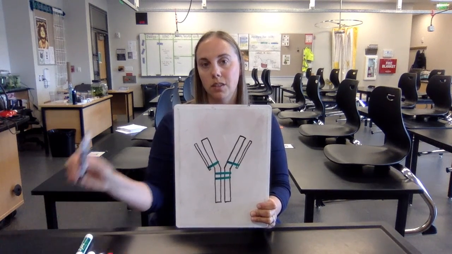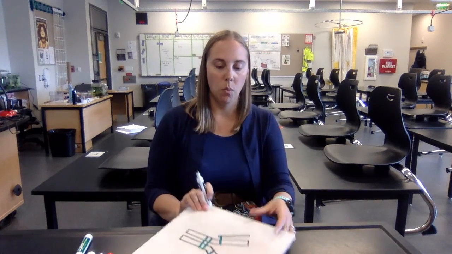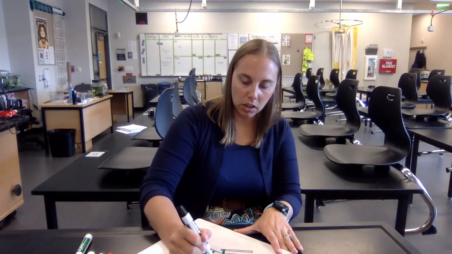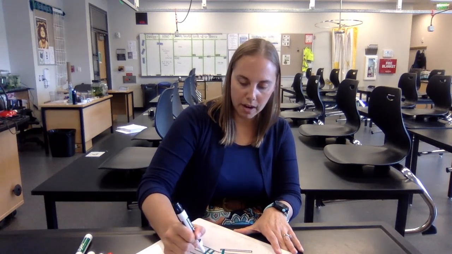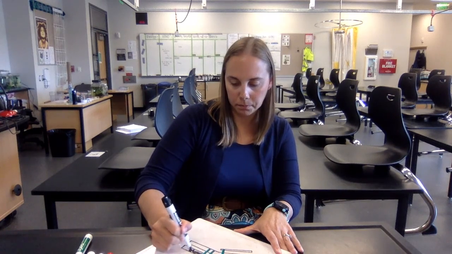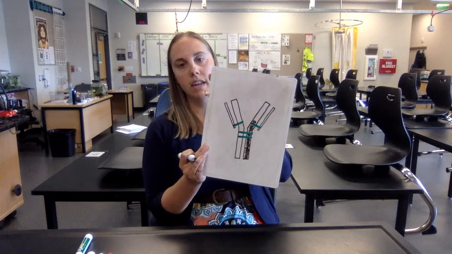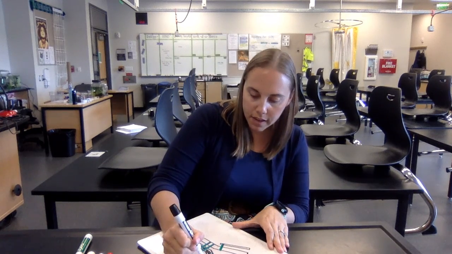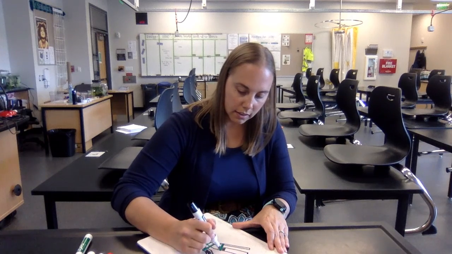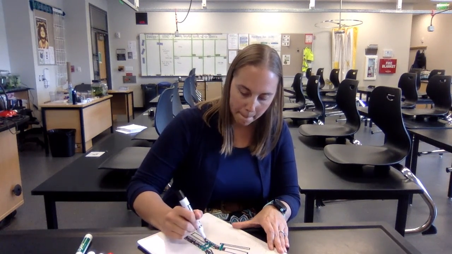So I'm just going to shade in very quickly, lightly, where the constant region is, and it's going to include my disulfide bonds. So I'm going to have to try and shade around them. But that's the constant region on one heavy chain, and then it's matched on the light chain. So I'm just going to finish this shading, and then I'll show you what I've got.